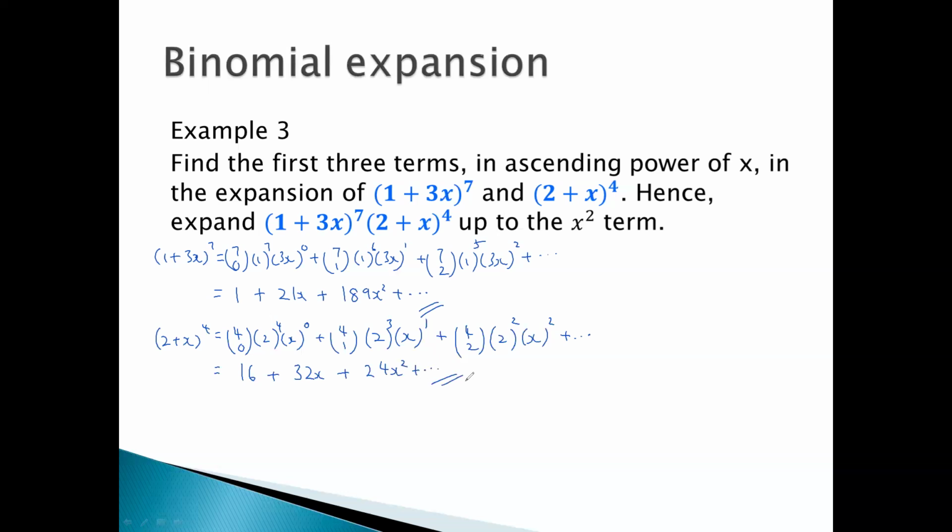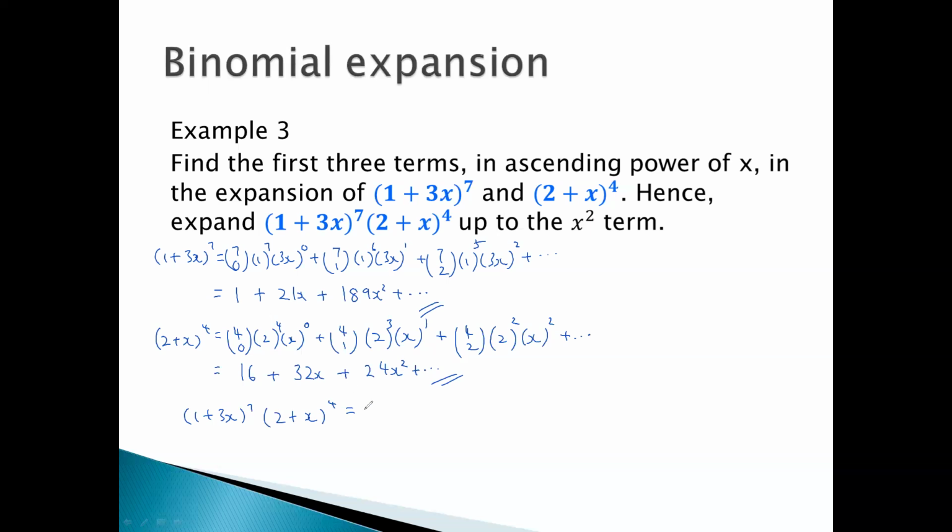They said, hence, expand 1 plus 3x to the power 7 times 2 plus x to the power 4 up to the x squared term. You notice this is actually this, and this is actually this. So what I'm going to write is 1 plus 3x to the power 7 times 2 plus x to the power 4. They say hence, so I'm using my answers from the previous solution.